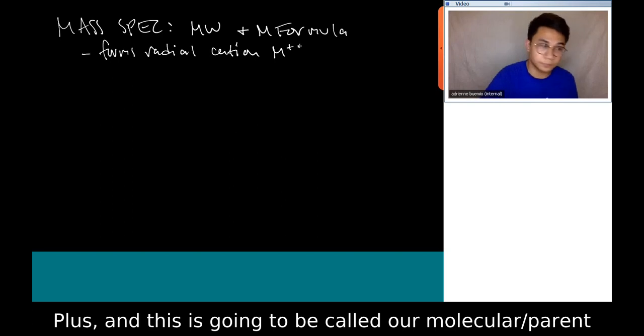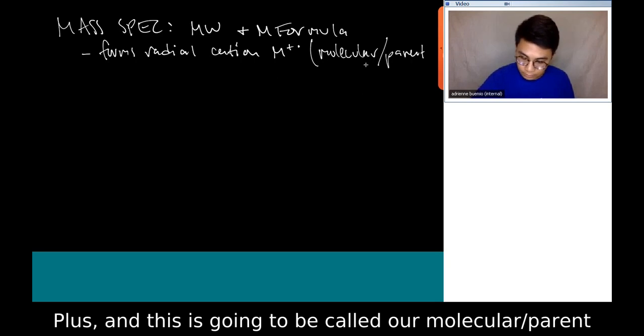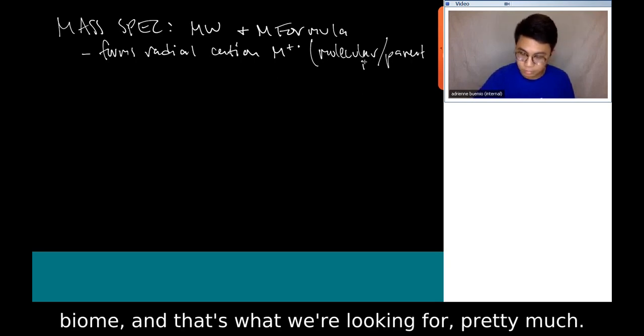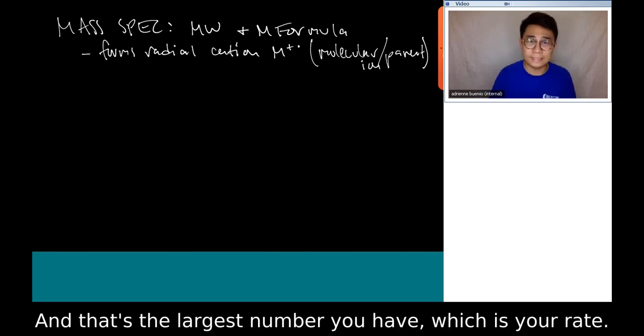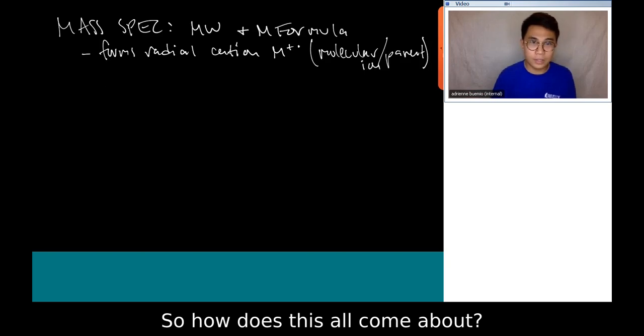Plus, and this is going to be called our molecular parent ion. And that's what we're looking for, pretty much, right? And that's the largest number you'll have. So how does this all come about?